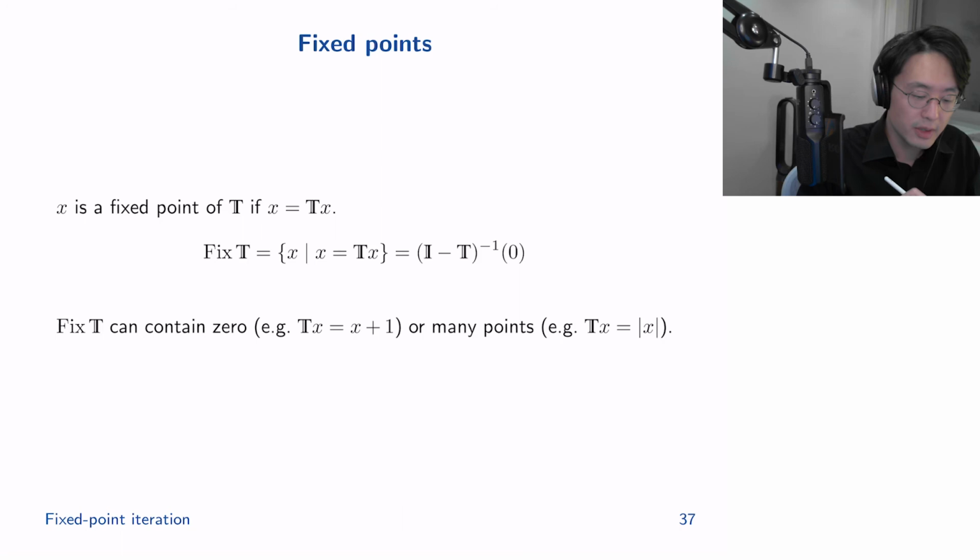It's also possible that an operator can have many fixed points. So Tx is equal to the absolute value of x. Well, if the input x is non-negative, then that becomes a fixed point of this operator. So a fixed point can be unique. There may be no fixed points, or there could be many fixed points.